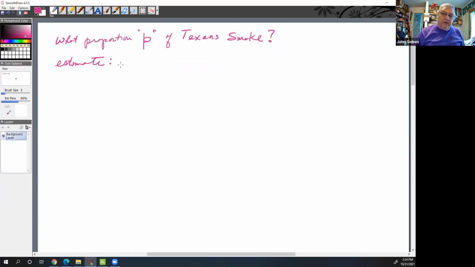On Tuesday, we talked about a point estimate. We get a point estimate by taking a sample of some size. Let's just suppose that we took a sample, say 250 persons.